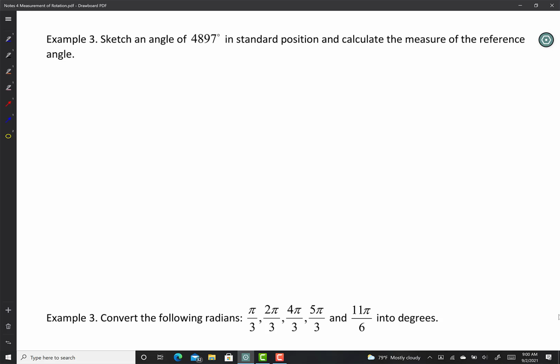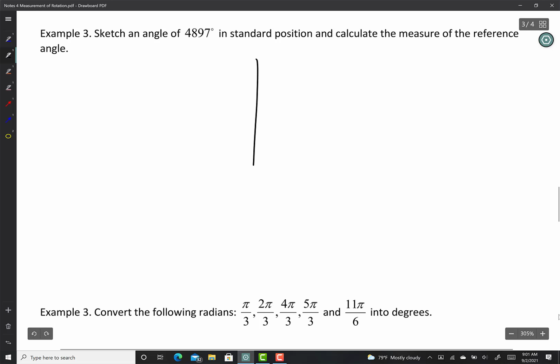All right, so here it is, guys. Last one, and we'll take care of the radians on Friday, tomorrow. Sketch an angle of 4,897 degrees in standard position and calculate the measure of the reference angle. All right, focus, guys. If you want, you can do it like Delta does: 360, 720, and they make you keep going.